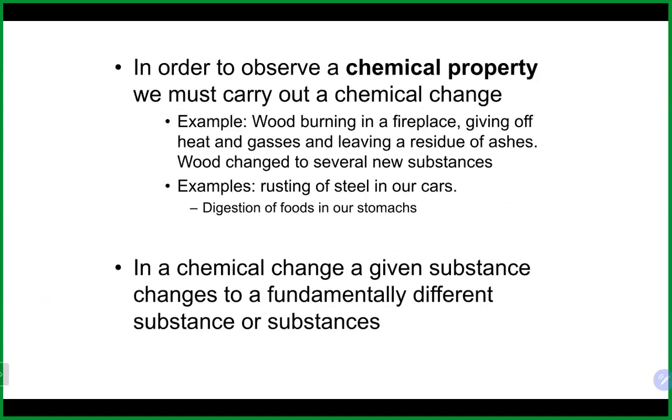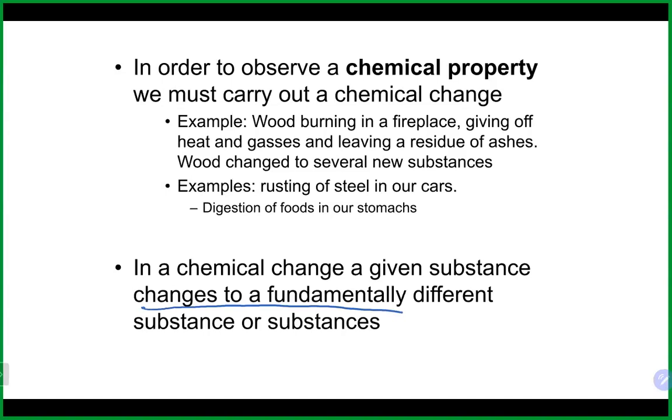Now, different to that is a chemical property or a chemical change. And really a chemical property of a substance is sort of its ability to go through a chemical reaction or even resist a chemical change or a chemical reaction to take place. Now, in a chemical change, the major difference is, as it says here, in a chemical change, what we start with and what we end with are fundamentally different things.